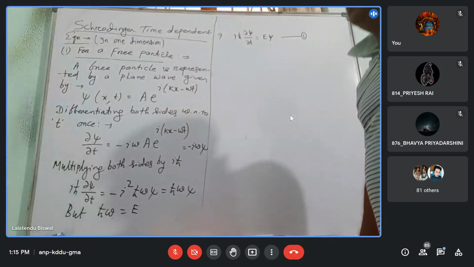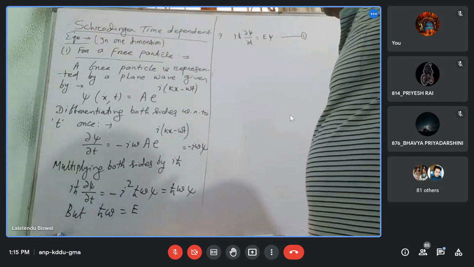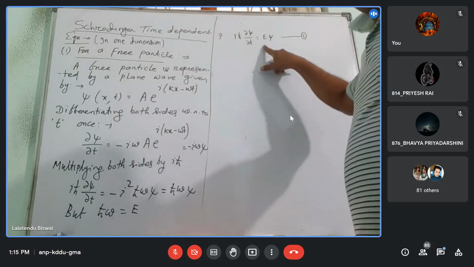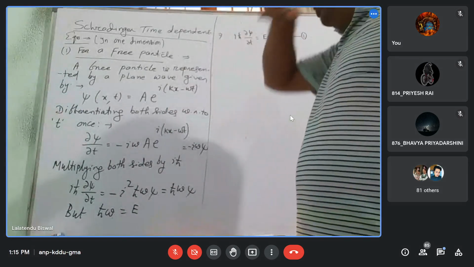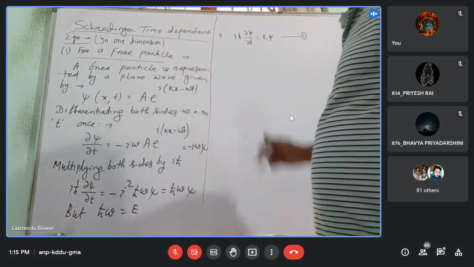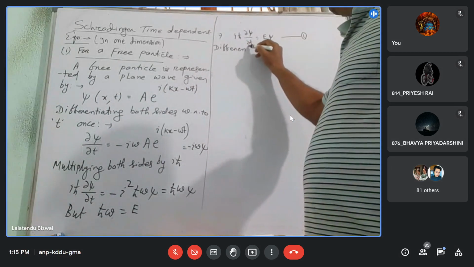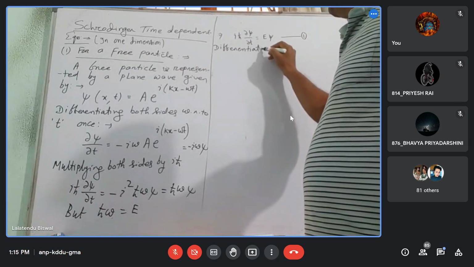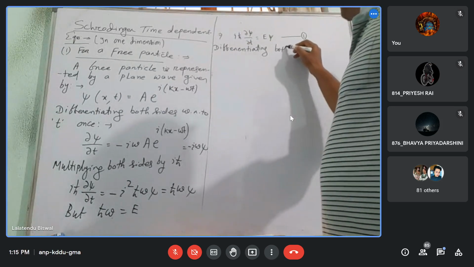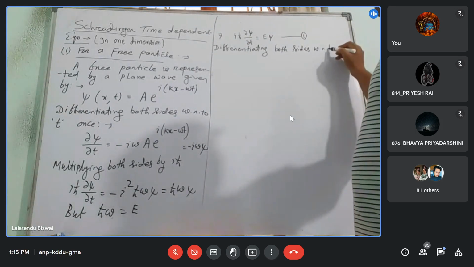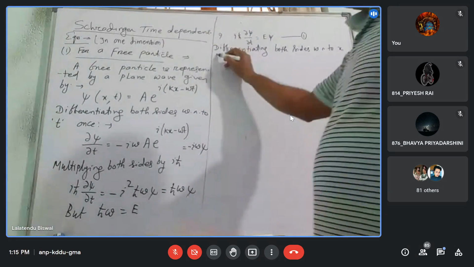Anywhere you are having a problem, let me know please. You differentiated this once with time, so you got this. Now differentiate it twice with respect to x. Differentiate on both sides with respect to x, but twice.